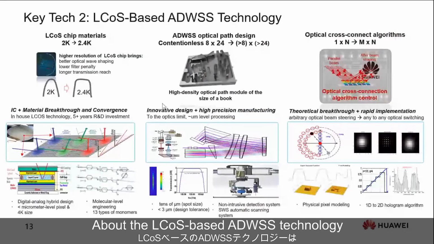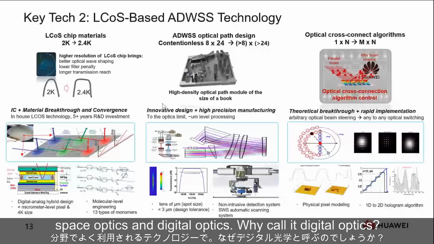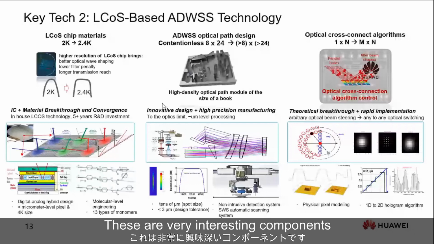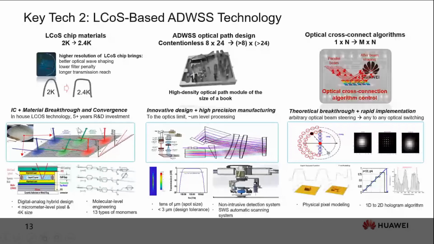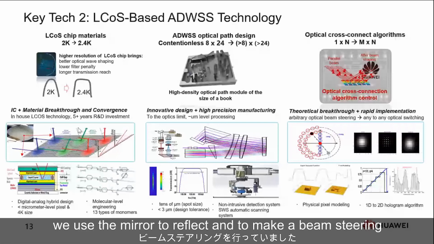So about the LCOS-based WSS technology, this is something very traditional space optics and digital optics. Why do I call it digital optics? Because we use liquid crystal technology. This is a very interesting component. Traditionally, for example in MEMS, we use a mirror to reflect and make beam steering.